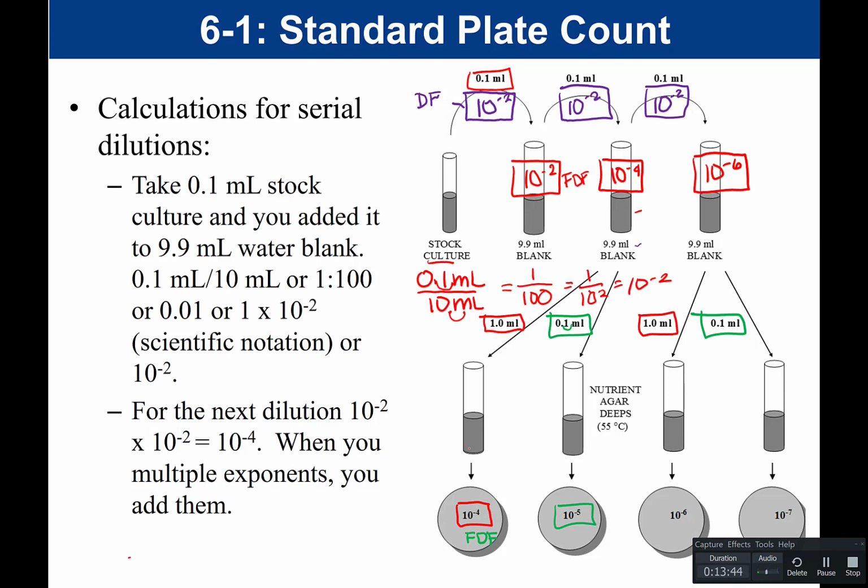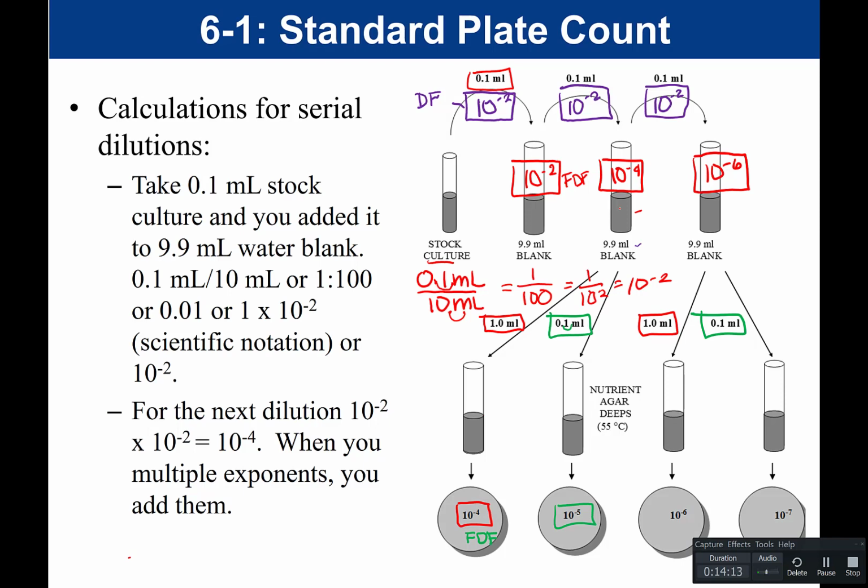So oftentimes when students are trying to calculate the final dilution, they're worried about the amount of volume that's in the agar deep. That doesn't matter. Don't use that as your calculation for your final dilution factor because it doesn't matter how much agar is in that tube. What matters is how much bacteria is being transferred, because that's the concentration you're trying to determine.